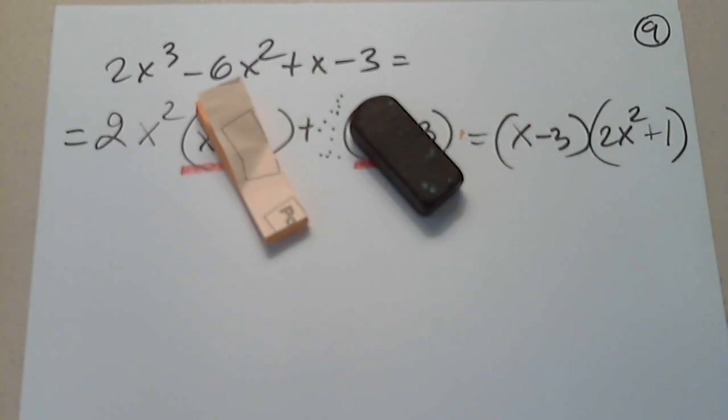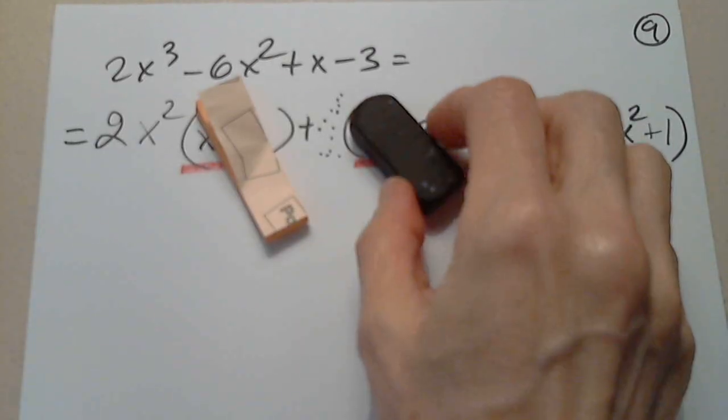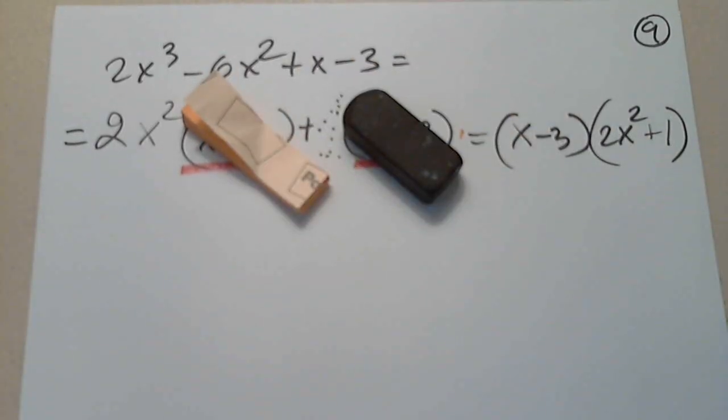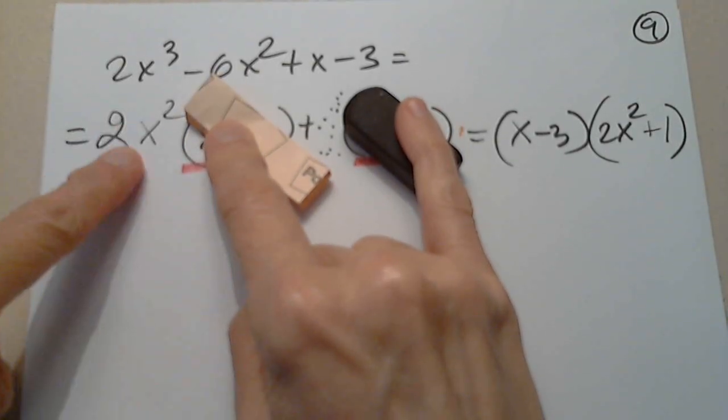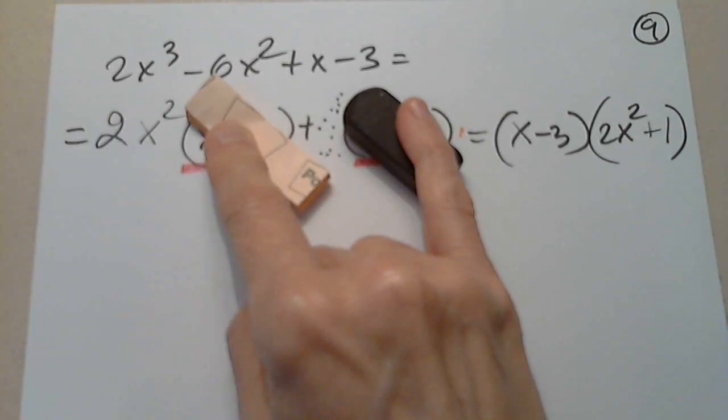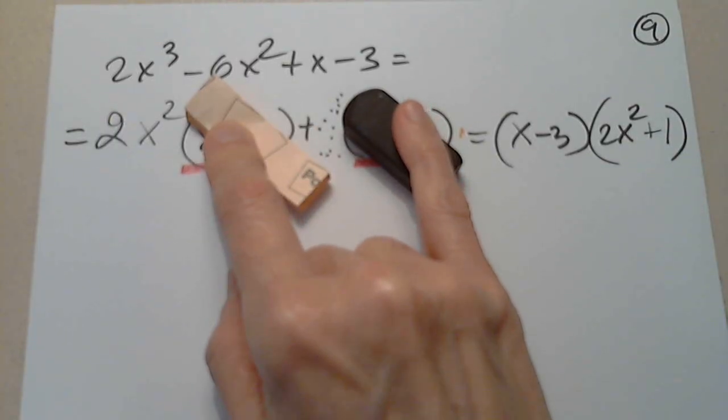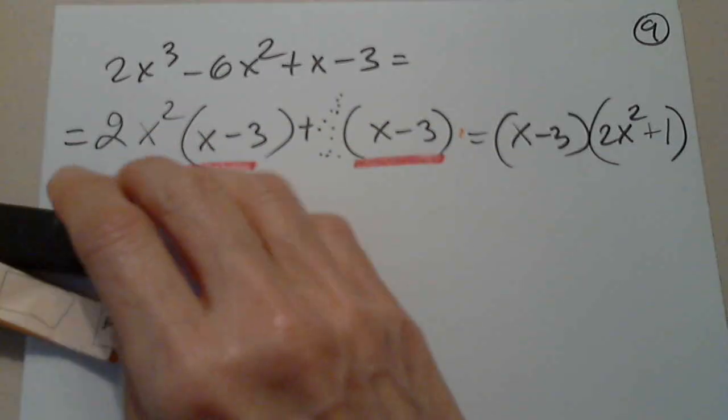Is this clear what we're doing? You cannot, this is covered. That's why I covered it up, so you don't get confused. Once you take this out, what is left is this and this. You cannot make up anything. So now we check.